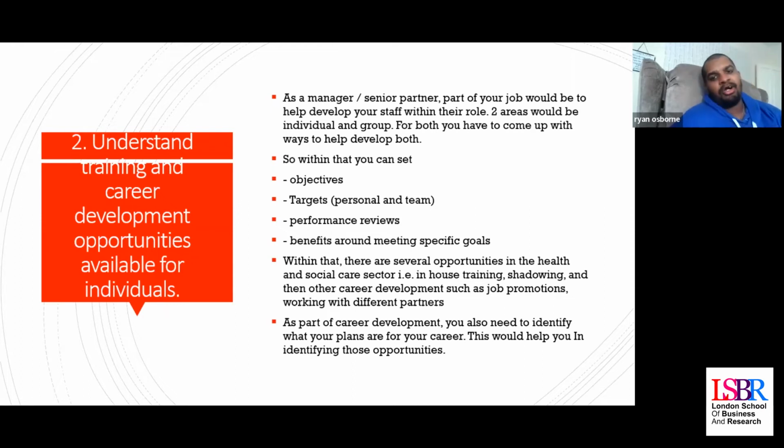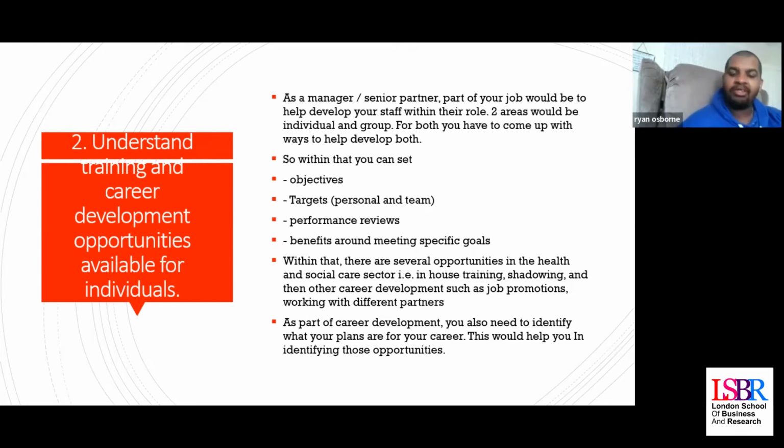Objectives are basically the reason for you doing a particular thing. So if you're getting them to shadow a particular member of staff, that's what you should be getting them to look at. When you look at those objectives, you think to yourself, okay, let's set some objectives.